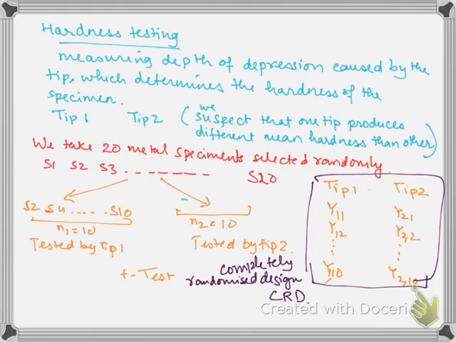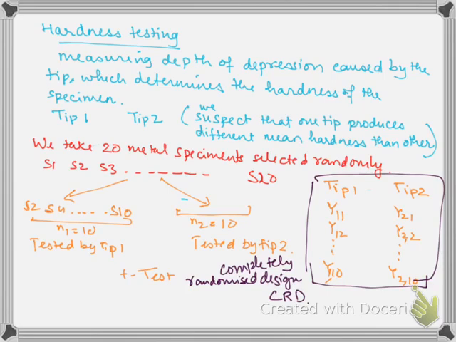Since there are only 2 tips, we don't really need ANOVA, but if you want, you can. If there are more than 2 tips, that's when you usually would use ANOVA, because ANOVA is used to compare multiple groups. It's going to give you the same answer as the t-test.